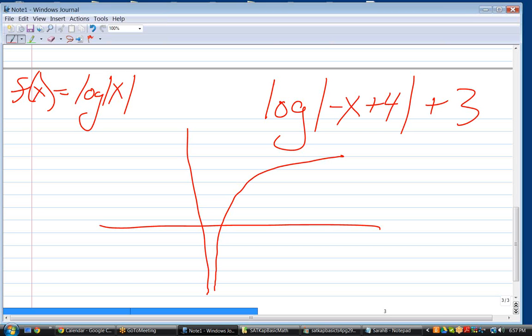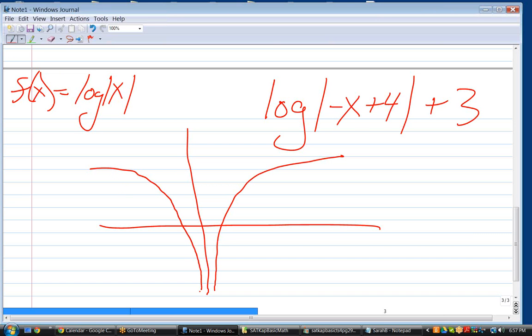Well, if I said the log of absolute value of x, that's going to act as a reflection like this, I believe.